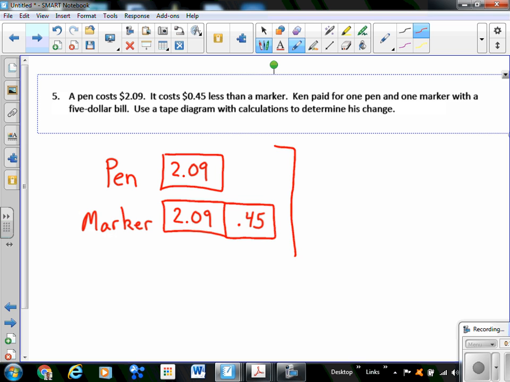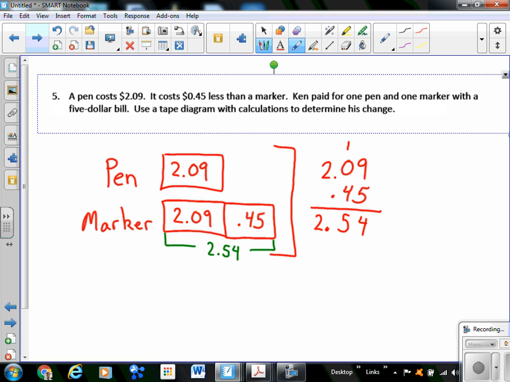If we add those together, we get 209, and then we get 45 cents. That's going to be 14, 5, and a 2. So that means that our marker cost us $2.54.